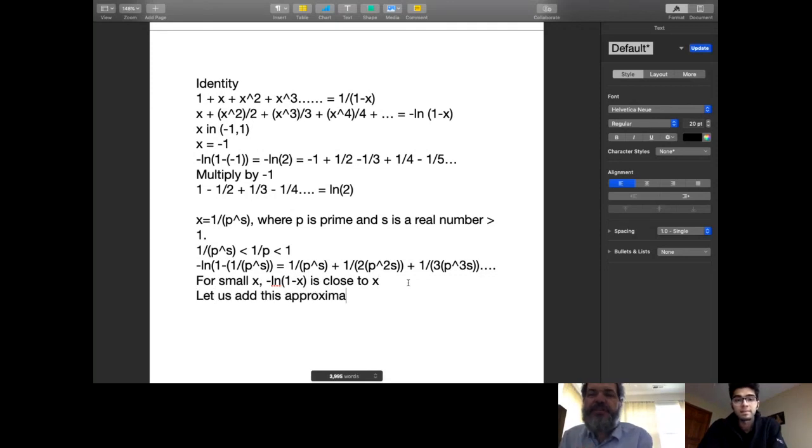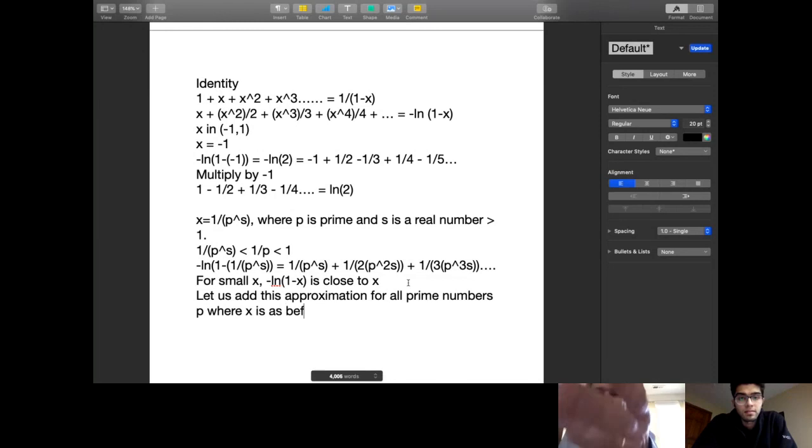Let us add these approximations for all prime numbers p, where x is as before, x is 1 over p to the s. Yes, that was our x.